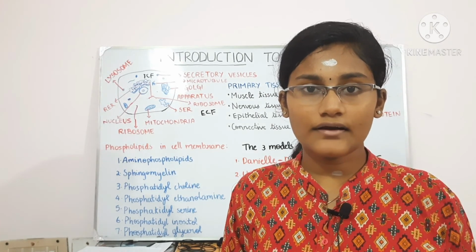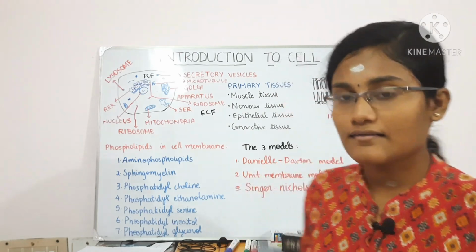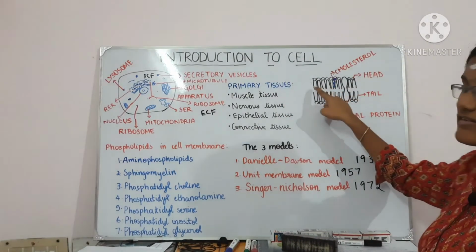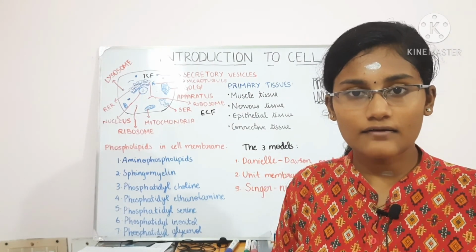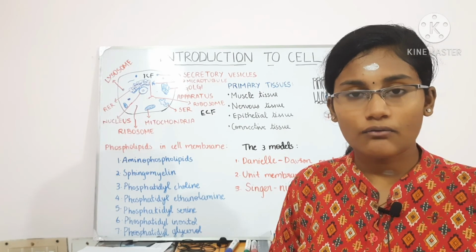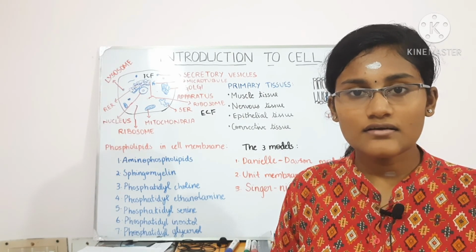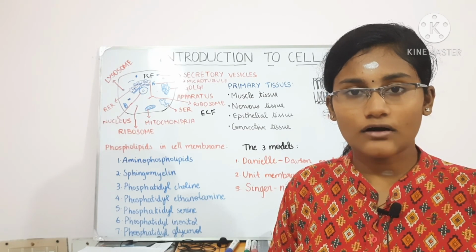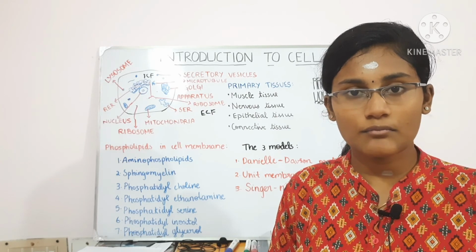As I already told you, the central layer of the cell membrane is a lipid layer and its central portion is formed by the tails which are hydrophobic. So the hydrophobic tails only allow the fat soluble substances to pass through the cell membrane. Examples of fat soluble substances include oxygen, carbon dioxide and alcohol. So oxygen, carbon dioxide and alcohol can pass in and out of the cell membrane easily.